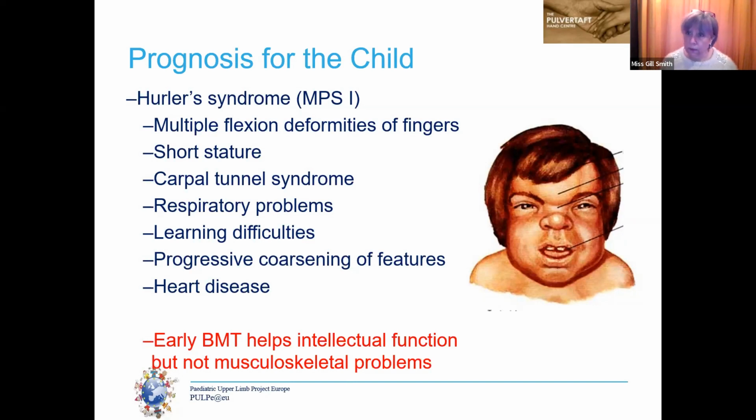They won't complain about it because remember, children don't complain the same way about carpal tunnel. But they have respiratory problems, they have learning difficulties, and it's progressive because it's a storage disease. So you get progressive coarsening of their features. They also get cardiomyopathy. However, if they're diagnosed and they have an early bone marrow transplant, it helps intellectual function and their development hugely. Unfortunately, it doesn't help their musculoskeletal problems, so we are still going to be needed there.